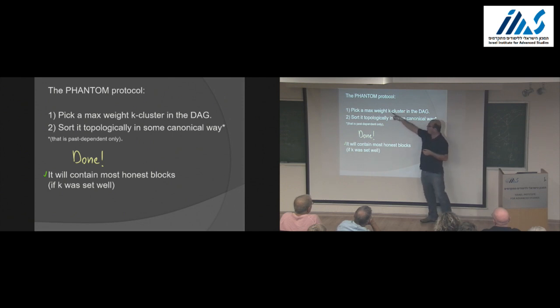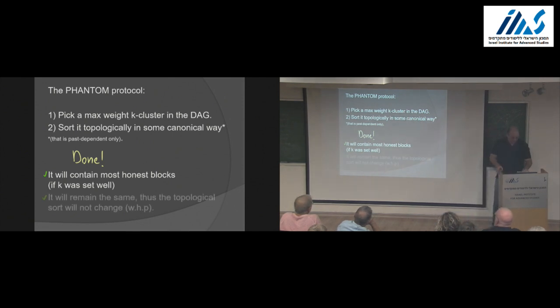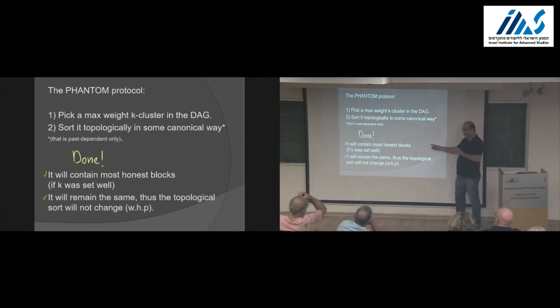So what we actually can prove is that it will contain most, but not all of the honest blocks. And that once you're in the K cluster, the probability that you are thrown out, basically our security, decreases exponentially as this structure keeps growing. So you can think of this proof with K equals 0 as exactly the analysis of Nakamoto's consensus protocol.